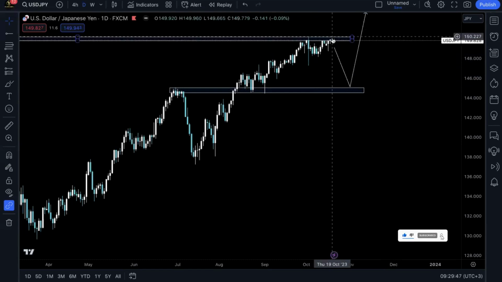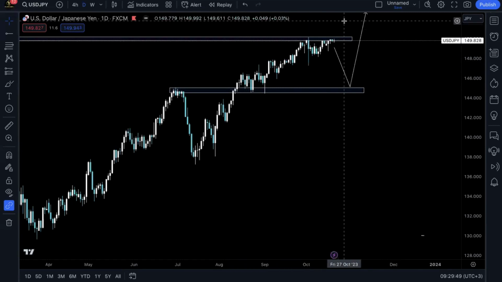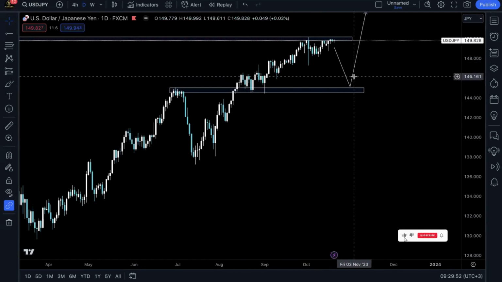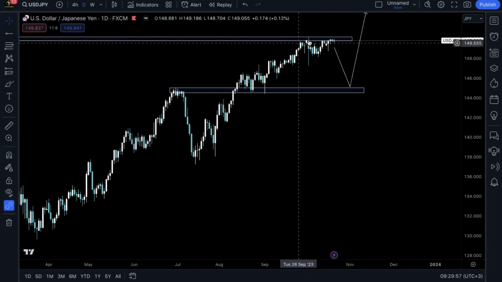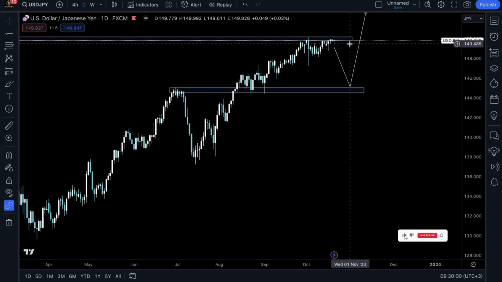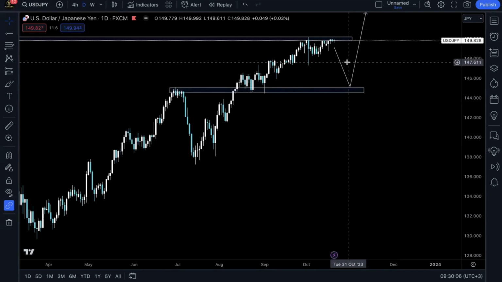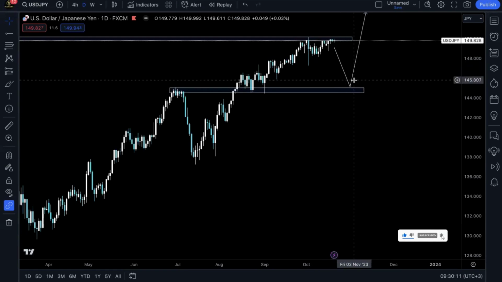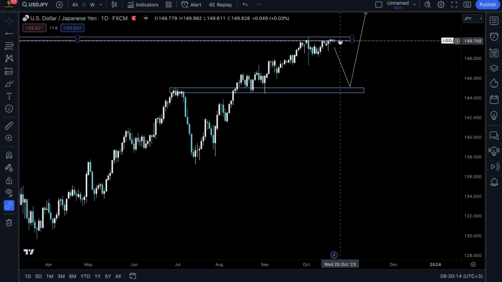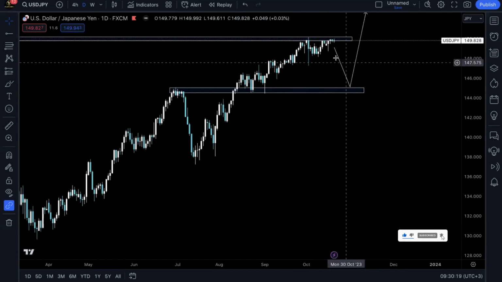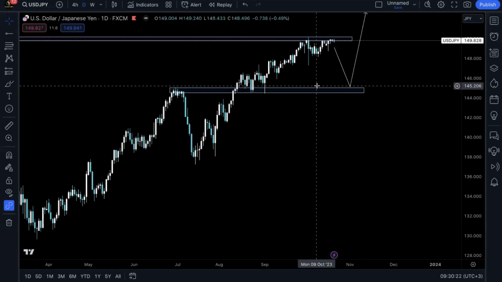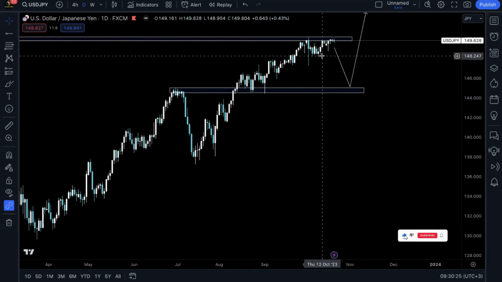As prices keep going lower, the US dollar will keep going lower in comparison to the Japanese yen, because as the pair goes down, the base currency, which in this scenario is the USD, will be losing value, whereas the quote currency, the Japanese yen, will be gaining value. So if prices start dropping, the US dollar will be losing value, whereas the JPYX will be gaining strength. That's how you can analyze both indices by just analyzing the USD JPY.